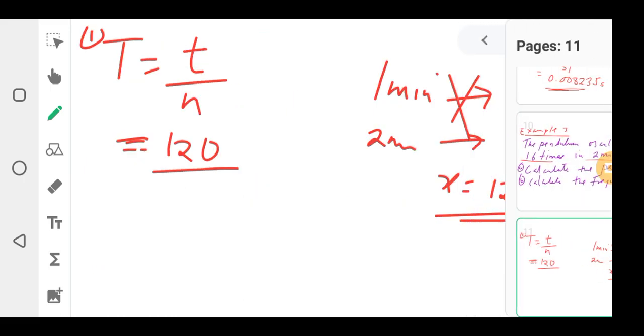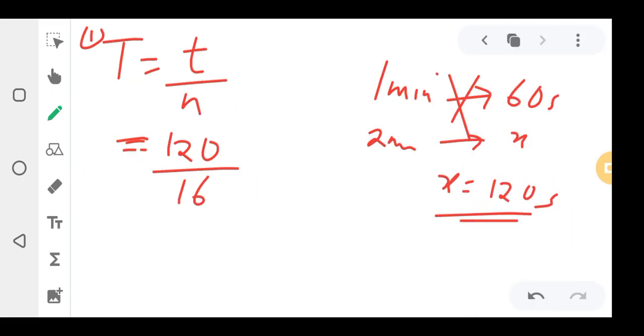What is 120 divided by 16, guys? 7.5. So 7.5 seconds.